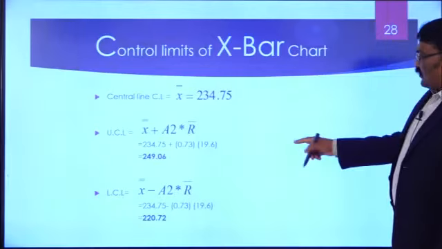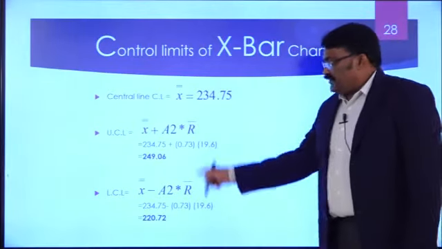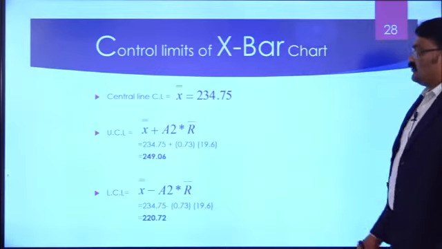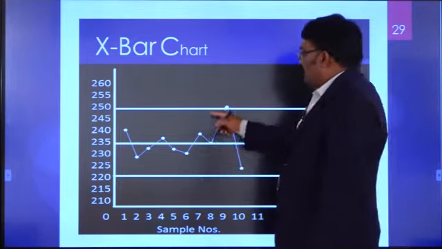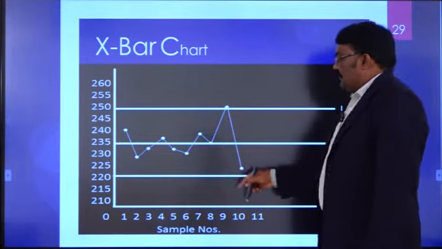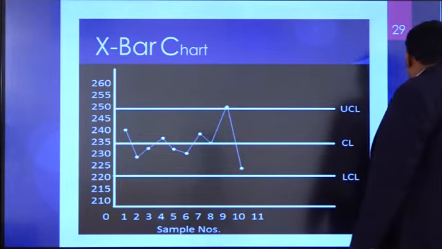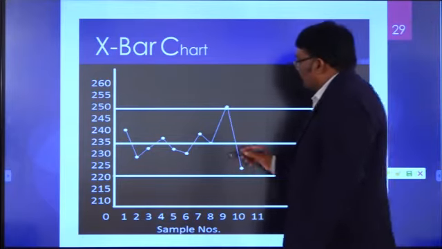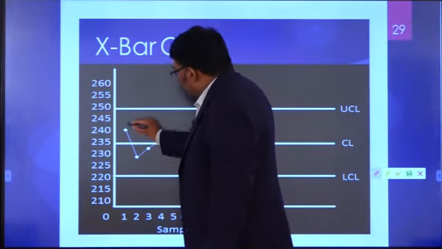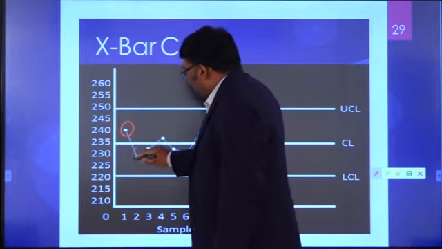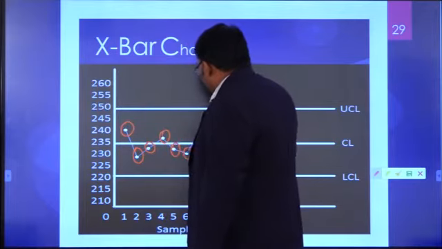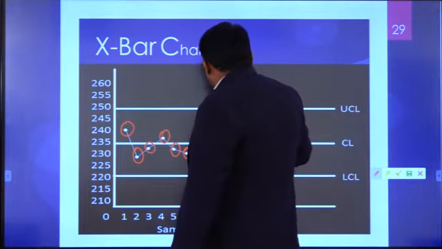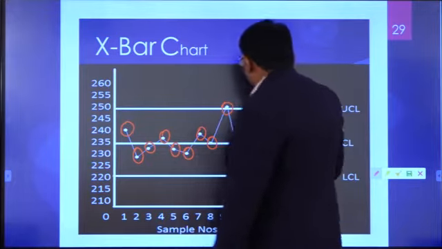So we have made the calculation of this, and we have represented each and every level that we have calculated. This is sample 1, sample 2, sample 3, up to sample 10.